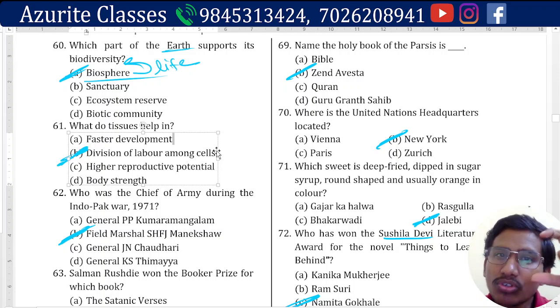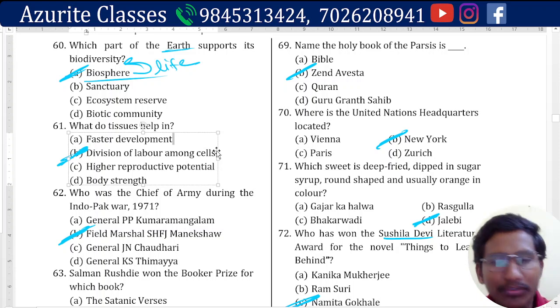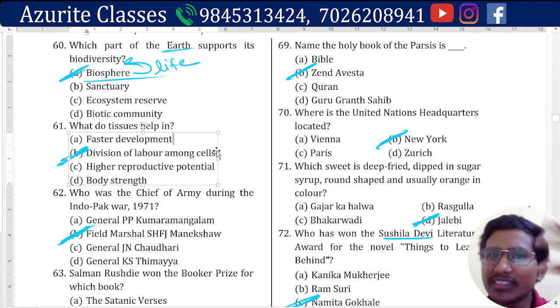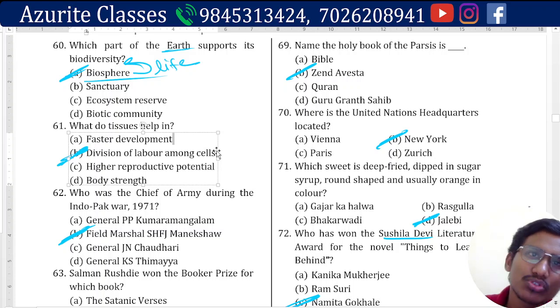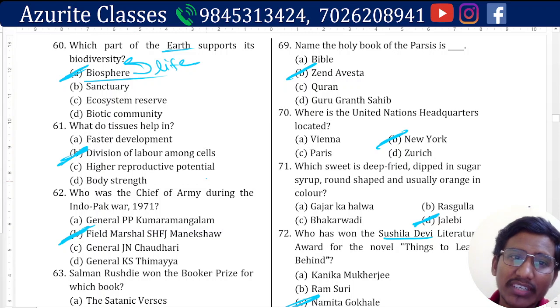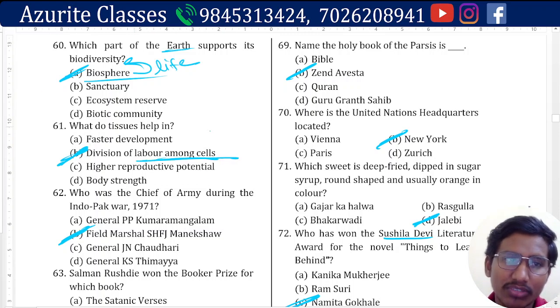Okay. So different tissues get formed, like eye muscle, then our hand, and then our ear. There is different tissue. So different tissue gives a different work. So different work means that is division of labor. Okay, so different work will be the answer, option B.